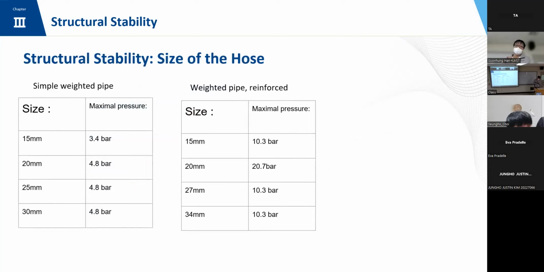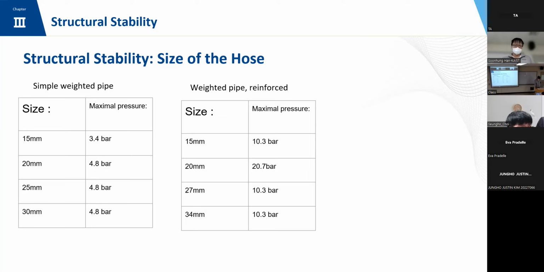Another important factor of structural stability is the size of the hose. These are the two materials that I introduced in the previous slide, and as you can see, from size to size, the maximum pressure that it can hold is different.